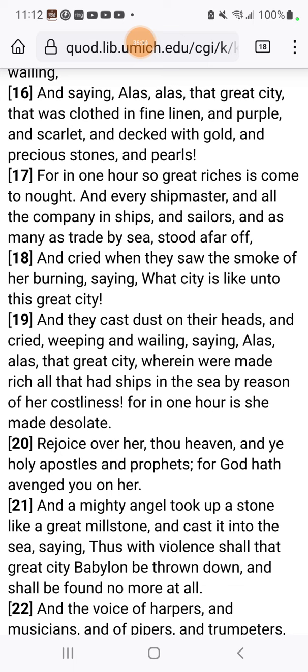And a mighty angel took up a stone like a great millstone and cast it into the sea, saying, thus with violence shall that great city Babylon be thrown down, and shall be found no more at all. Okay? And as you read down, it speaks about all the things that are in Babylon that are no more going to be found. All right?